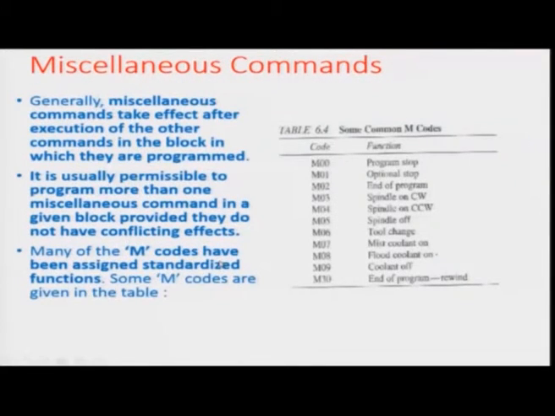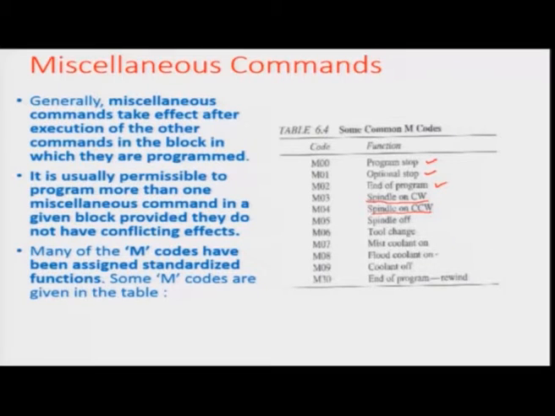In fact, if I look at what are the common M codes which are there normally for the standardized programming format, M00 suggests program stop, M01 is optional stop, M02 is end of program. You can also start the spindle counterclockwise or clockwise. So, clockwise becomes M03, M04 becomes counterclockwise.